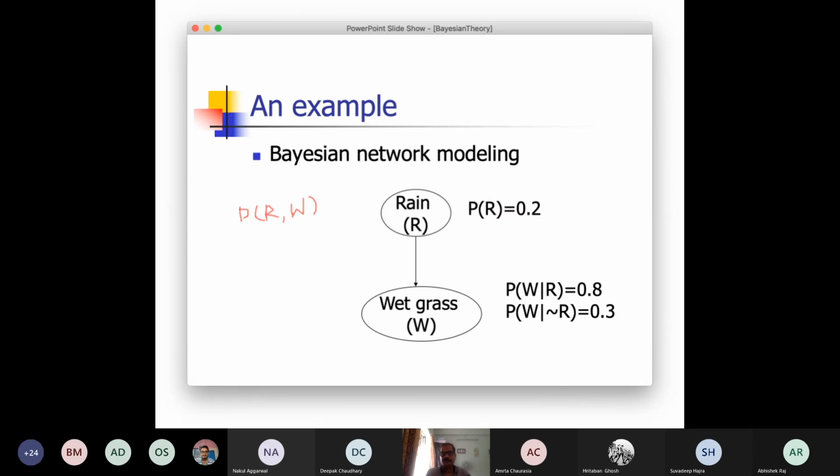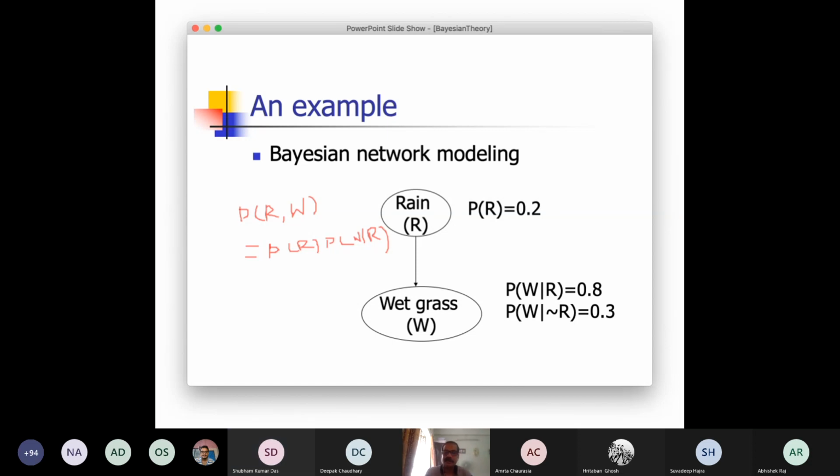The probability of R into probability of W given R. Exactly. So what should be this value? 0.2 into 0.8, that is 0.16. So similarly, please work out for the others.